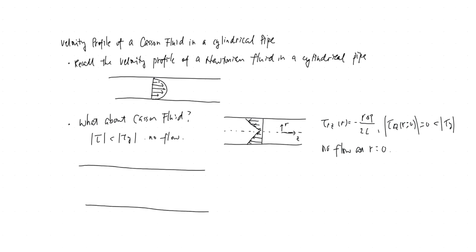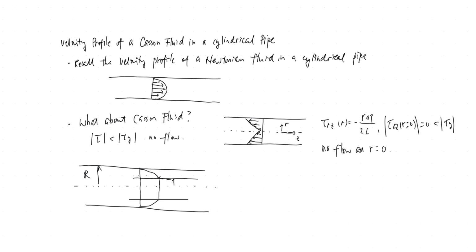So here is a blood vessel. The radius is R. And the velocity profile would look like this. Here we have a critical radius.